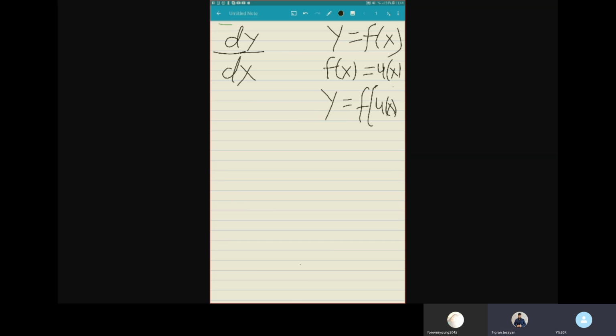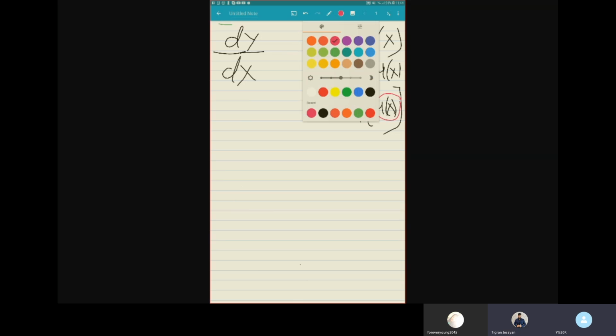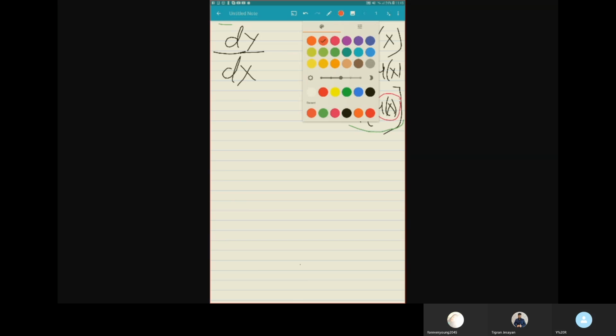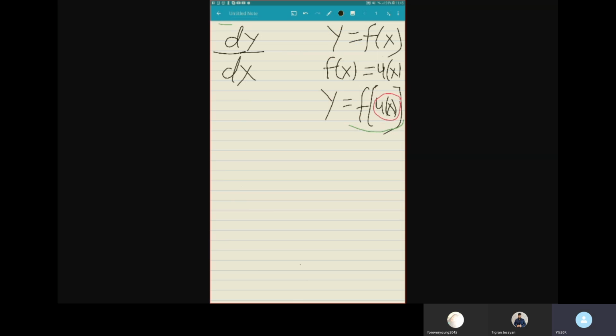So this is a composite function, you see. You have a function inside of f, so this is a whole function, and u(x) is part of this function. This is very similar to the previous one. In this case, you use the chain rule. Basically what we have to find is dy by dx.